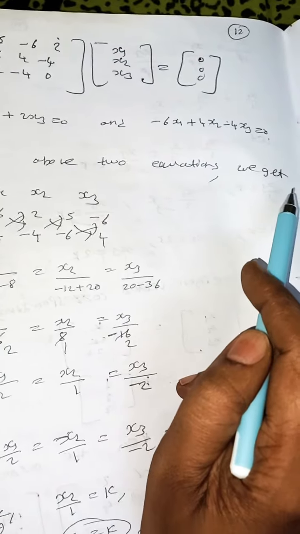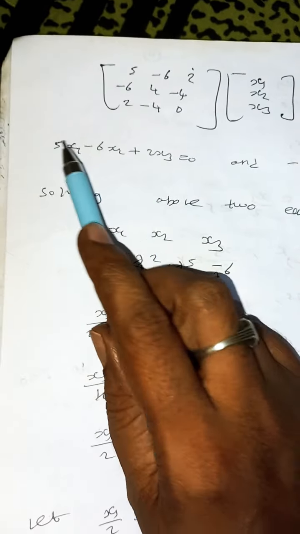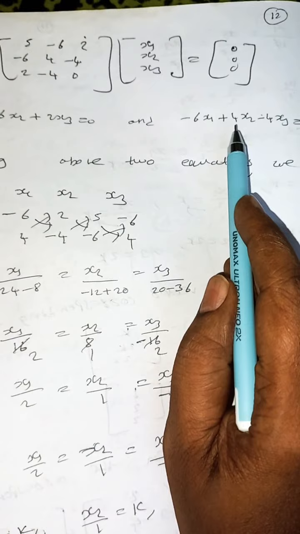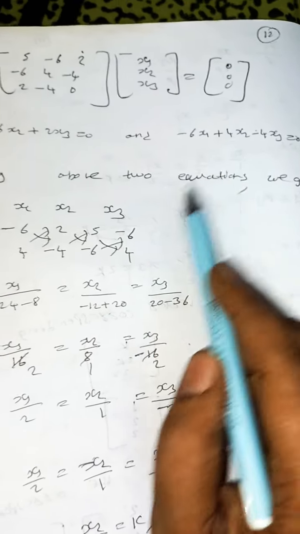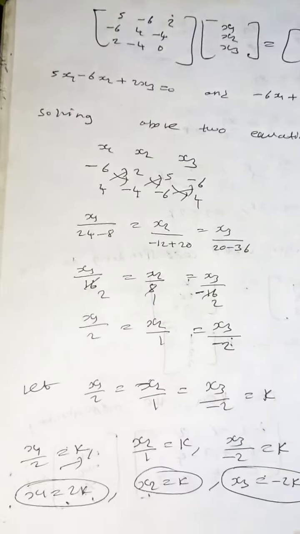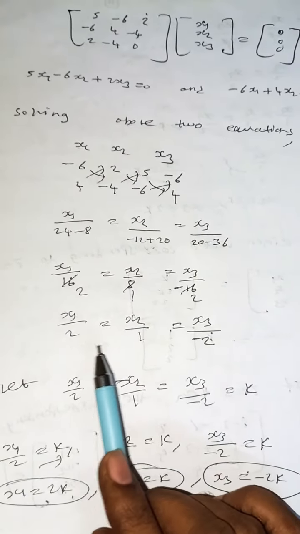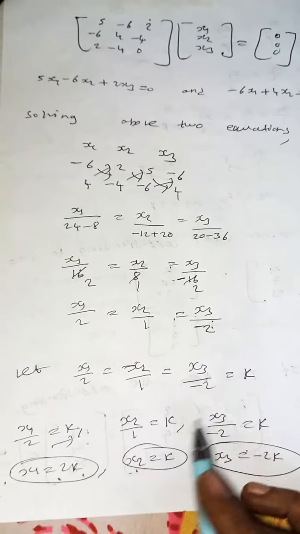Solving both equations we get x1, x2, x3. Here minus 6, 2, 5, minus 6, and 4, minus 4, minus 6, 4. Going on with the same process, you will get x1 by 2 equals x2 by 1 equals x3 by minus 2. Let us assume k.